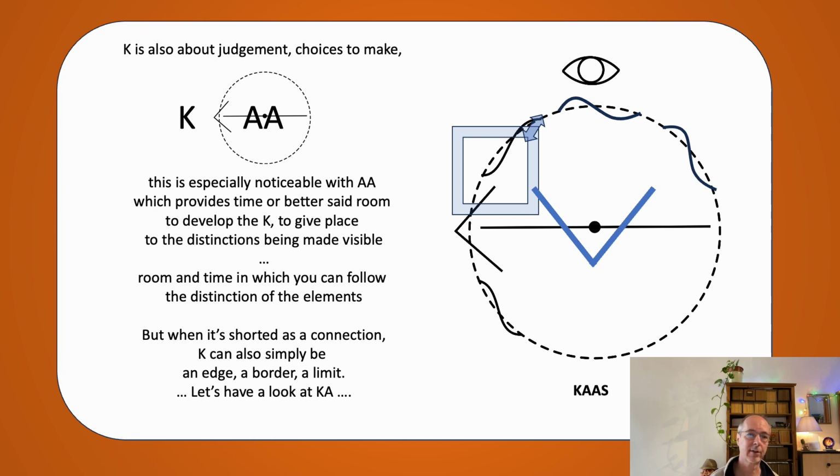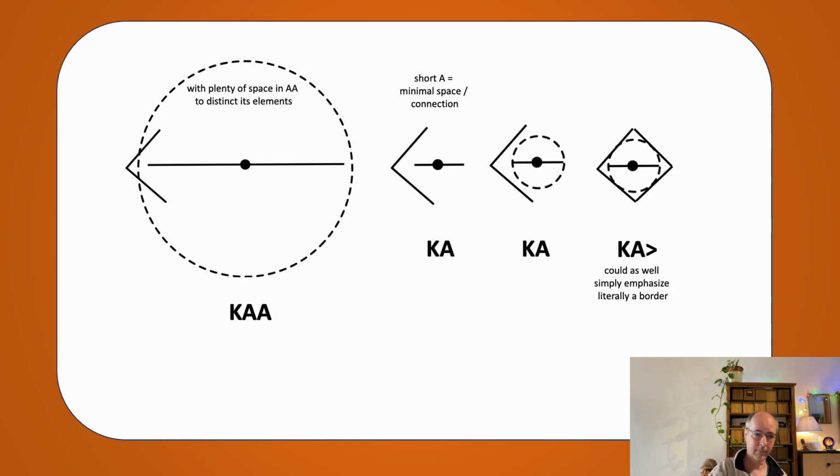It can also be simply an edge, a border, or limit. Nothing more than that. With a short A, you immediately have, okay, here I am at the edge of what I can do or can decide. Nothing more. It can be very, very short at this border of distinction. I will express it here. So here I have some time. The A is very large. With a K, with a short one, the A doesn't have to be as big.